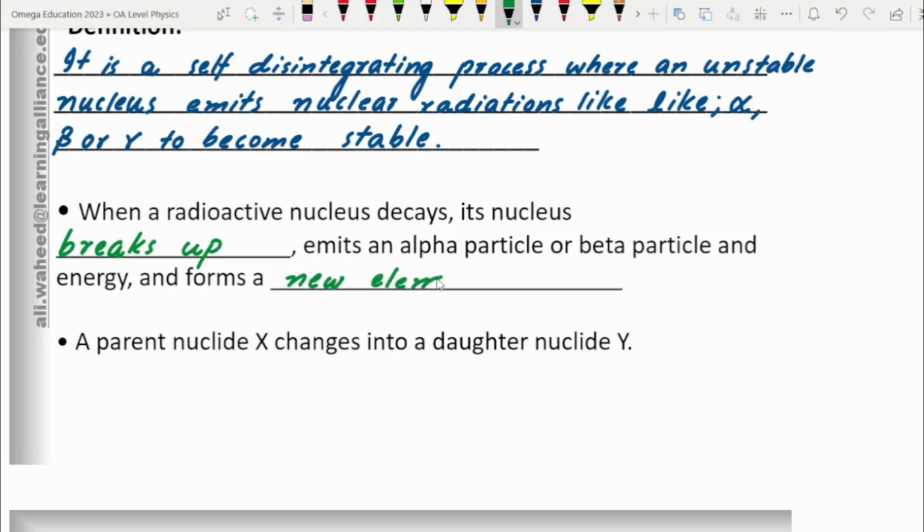For this one, especially for alpha and beta particle, once you have the alpha decay or the beta decay, the element is converted into a new element.